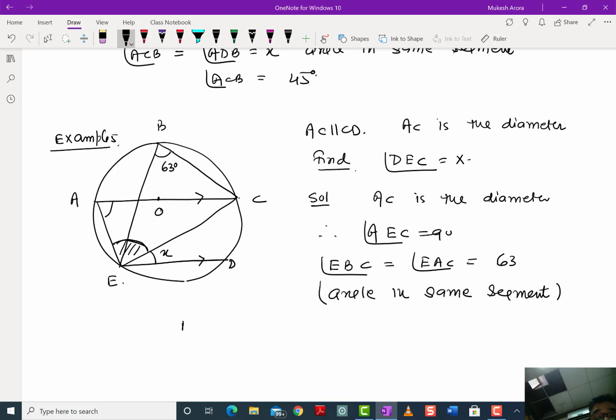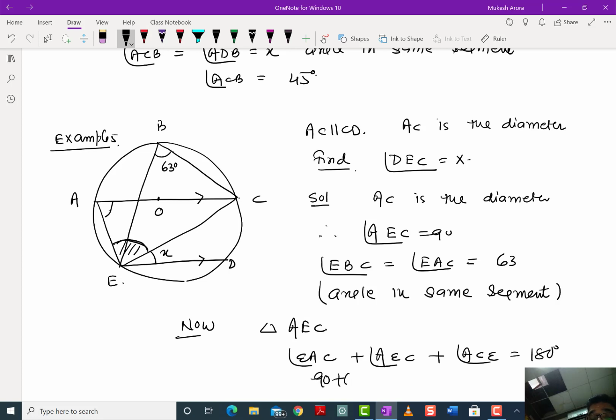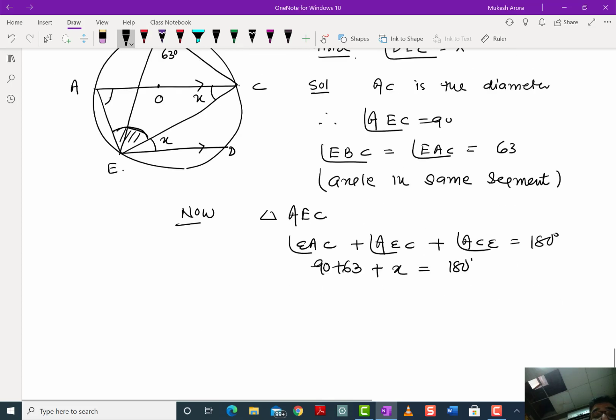Now triangle AEC, this is 63, angle EAC plus AEC plus ACE is equal to 180. 90 plus 63 plus x, this is also x because the lines are parallel, is equal to 180.